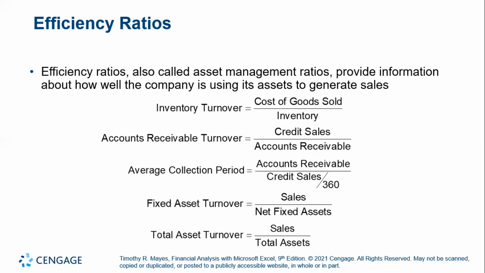Average collection period equals accounts receivable divided by credit sales divided by 360. Fixed asset turnover is sales divided by net fixed assets. Total asset turnover is sales divided by total assets.